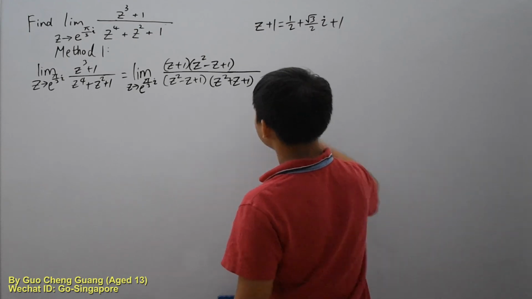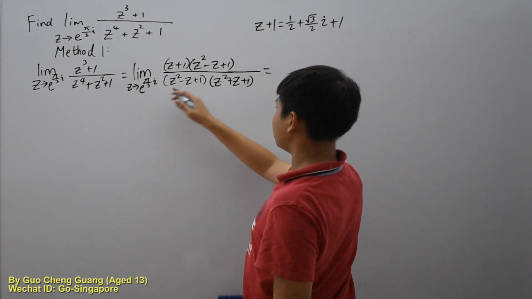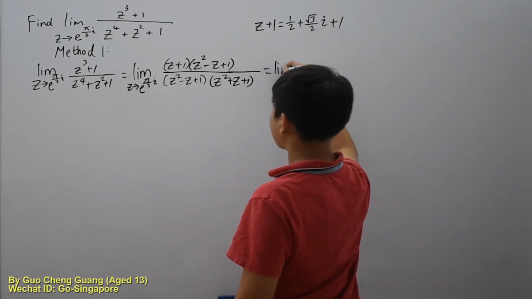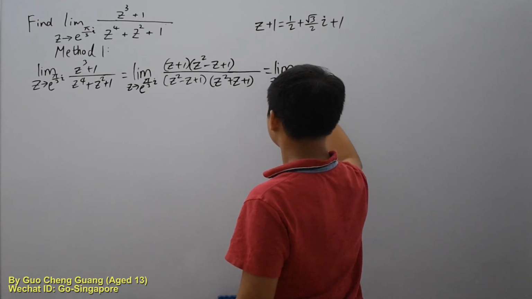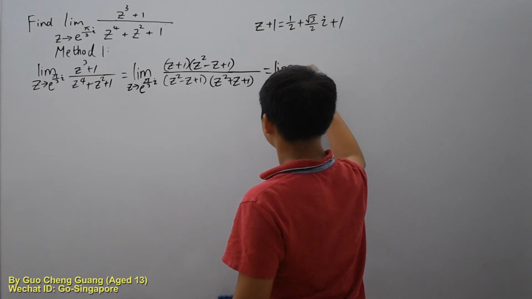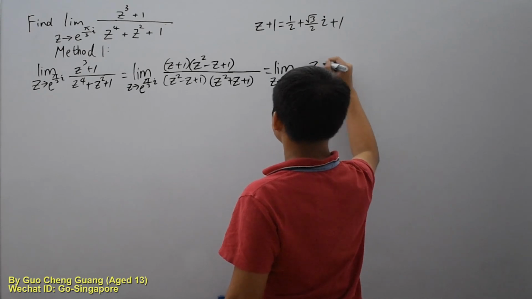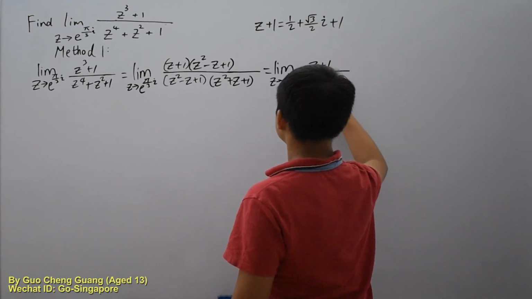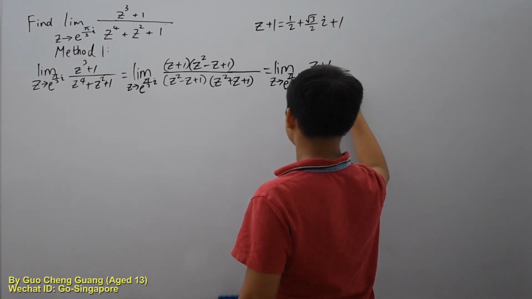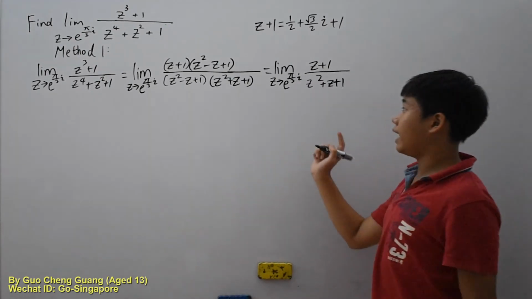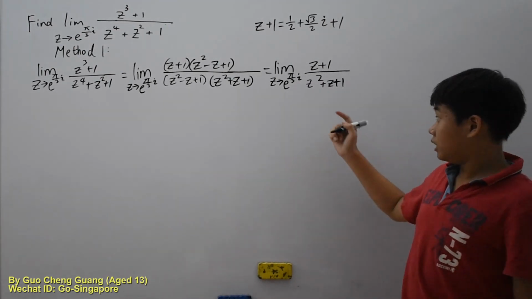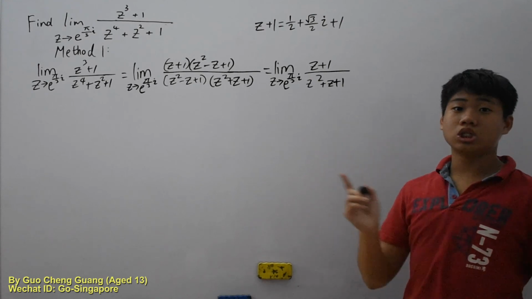So for this part, these two would cancel out. And thus you would be left with z plus 1 over z squared plus z plus 1. You could go ahead and do a small check, but this part isn't 0.